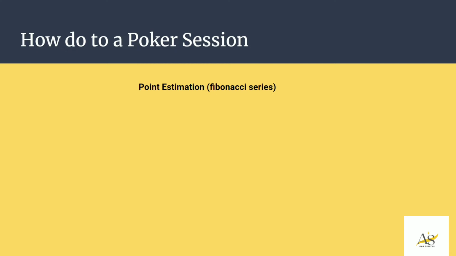The first thing we need to understand today is point estimation. Every user story that comprises a part of the sprint needs to have a point. Now, this explains how many points a story should be assigned.